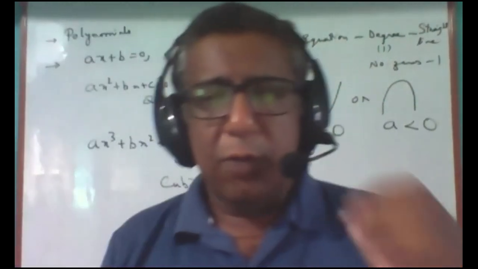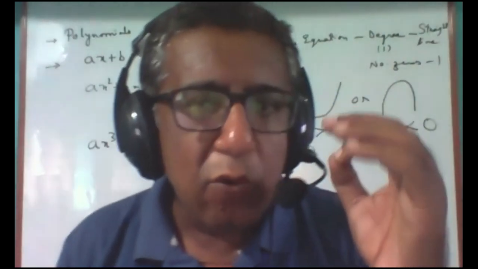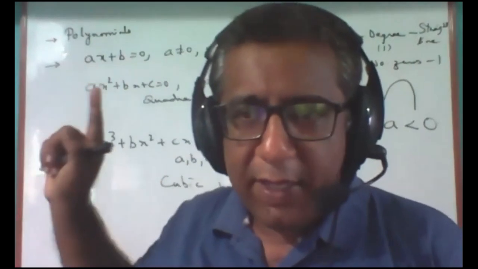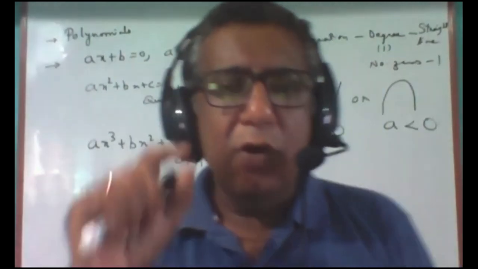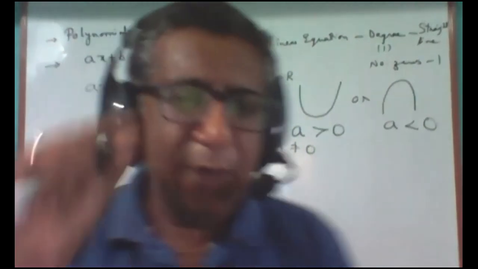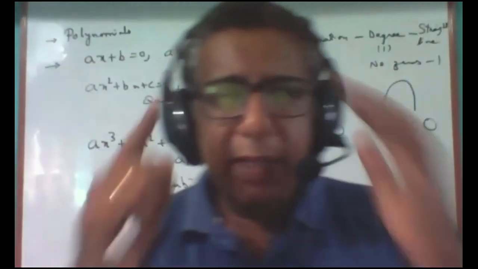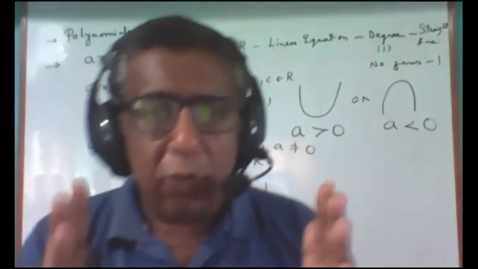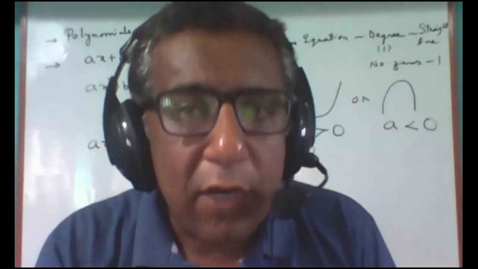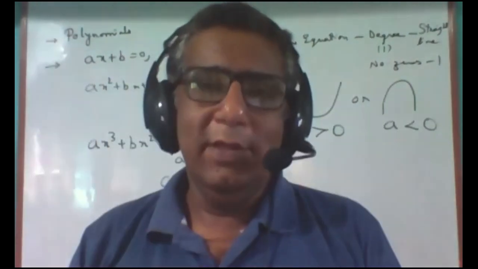Now zeros of the polynomial. What do you mean by the zeros of the polynomial? In the polynomial, the variable is x. For any value of x, if you put the value of x in the polynomial and the polynomial becomes 0, then it is said to be a zero of the polynomial.